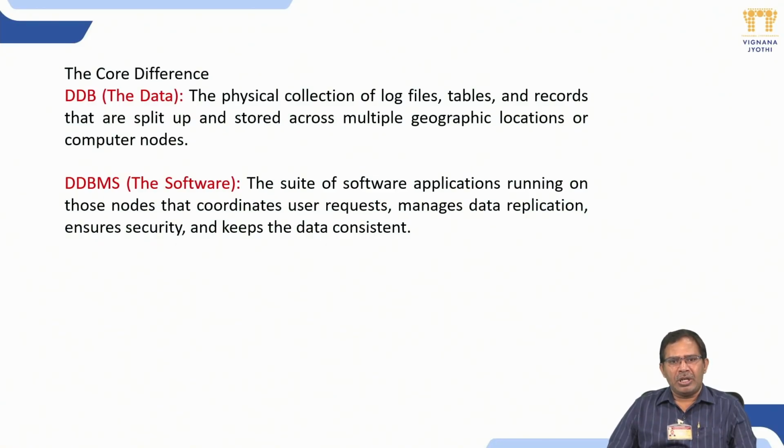Whereas the DDBMS is the software application running on these nodes that coordinates user requests, works on the data available locally, ensures security from unauthorized access, and also provides consistency, which is an important requirement in the database system.